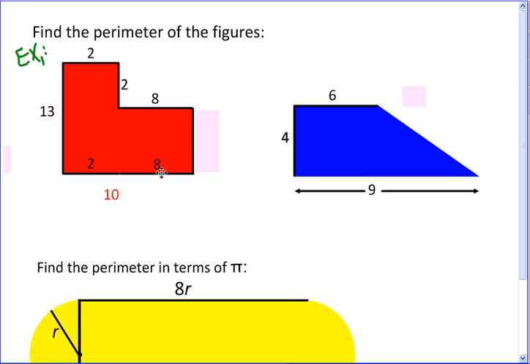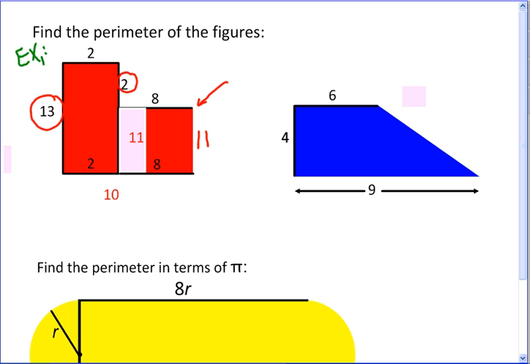Right? Well, how can we figure out what the length is of this side? Well, I know the large side over here on the left is 13, and this little piece is 2, which makes this 11. So you can use things that you already know to figure out the actual side lengths.